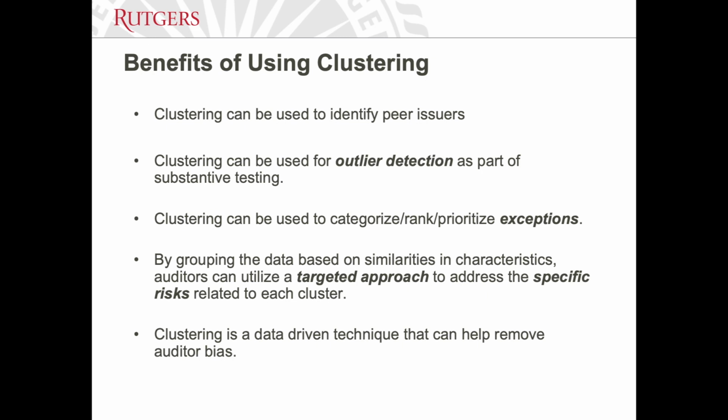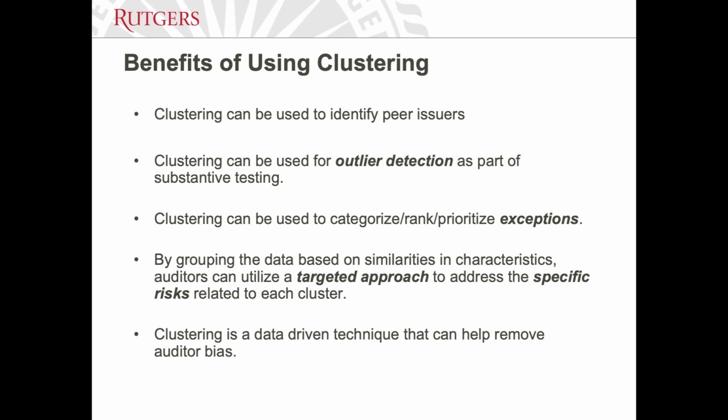Clustering is a very useful tool for auditors to identify peer groups and detect outliers or exceptions during substantive testing. It can also be used to prioritize the exceptions to determine the appropriate additional testing. Auditors can also utilize a targeted approach to address the specific risks of each cluster.